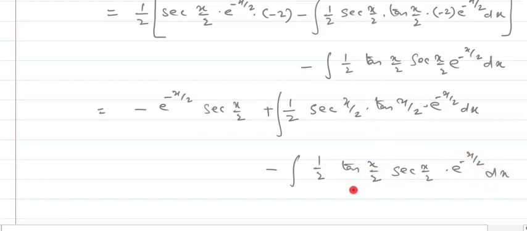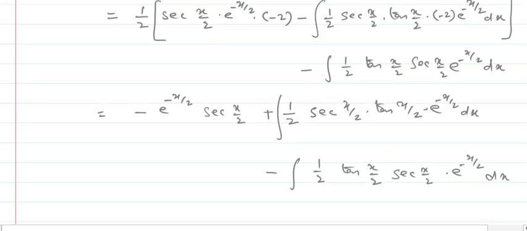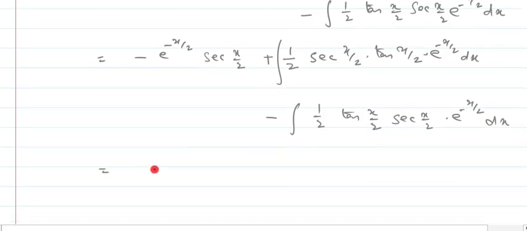So clearly these two portions will cancel out and you are left with the result, which is minus e power minus x/2 sec x/2 plus c. Here you can use plus c as well. Okay, so this is the way to identify the problems.